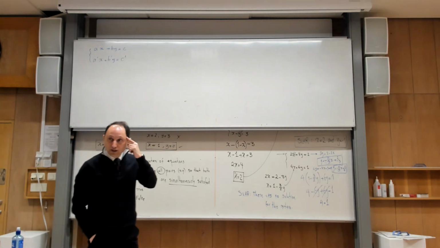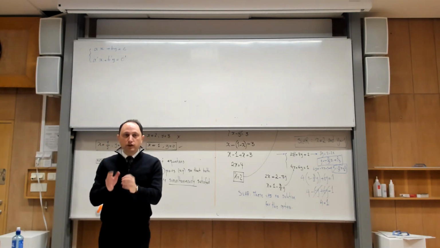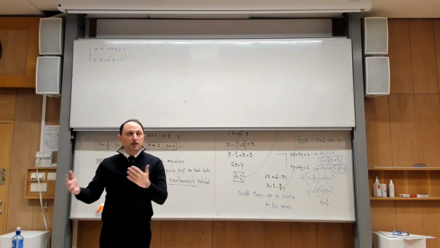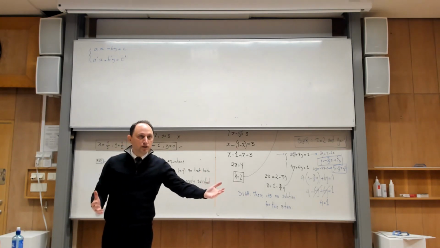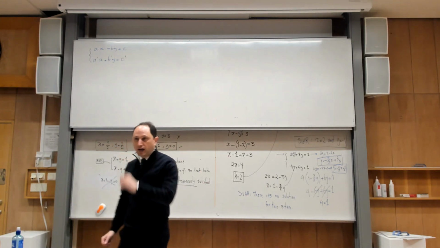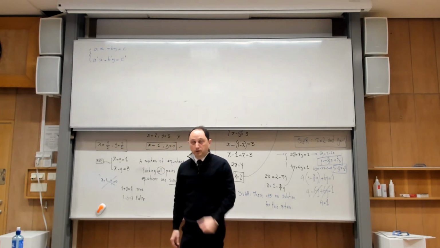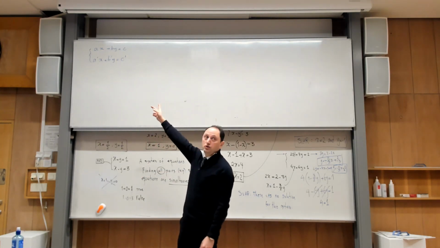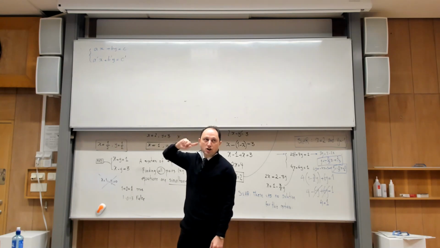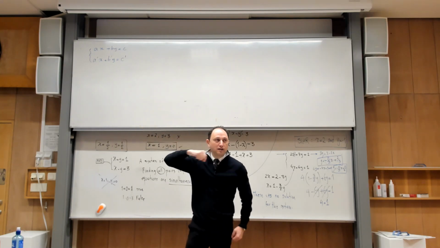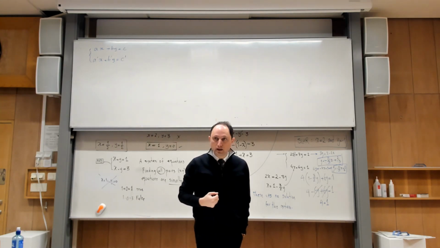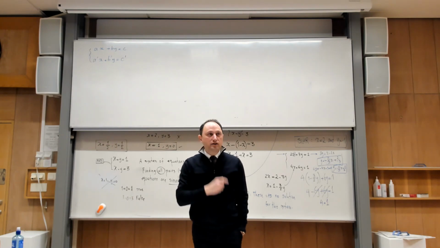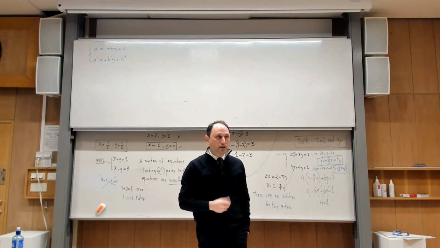This is important. I want you to fully appreciate the different pictures, geometric picture and algebraic picture. If I ask you, is it possible that I have two solutions for this system? It is hard to answer this question algebraically. But geometrically, it is very, very simple if you understand what is going on. Now answer me.